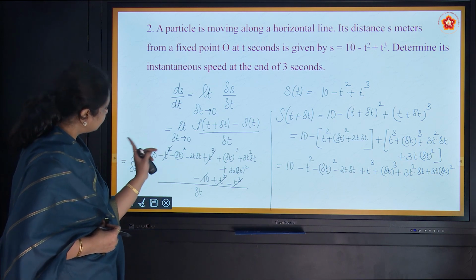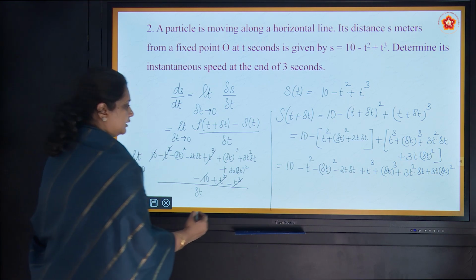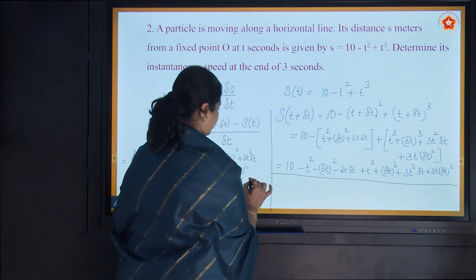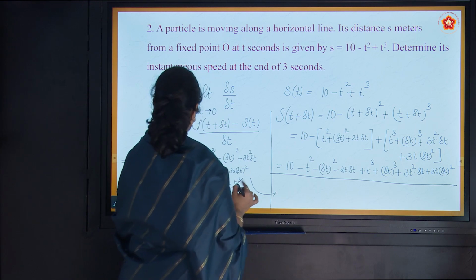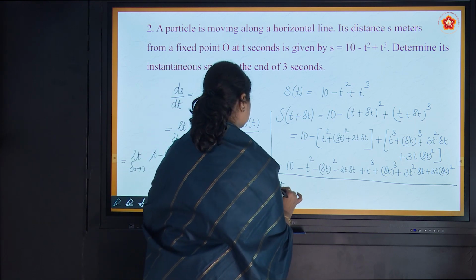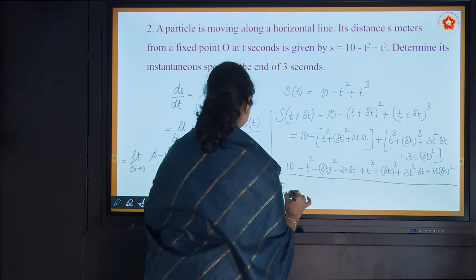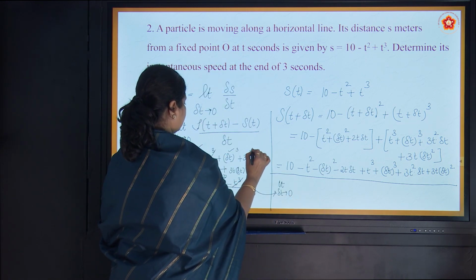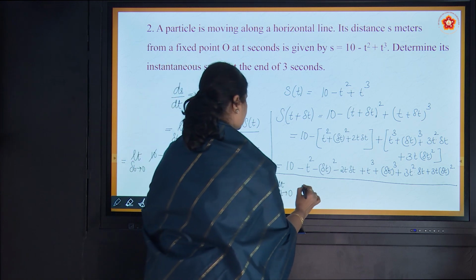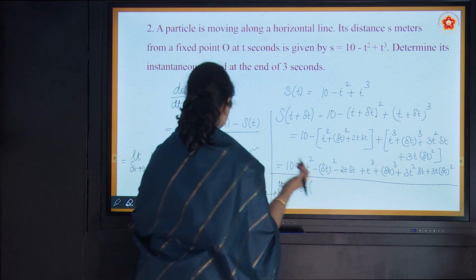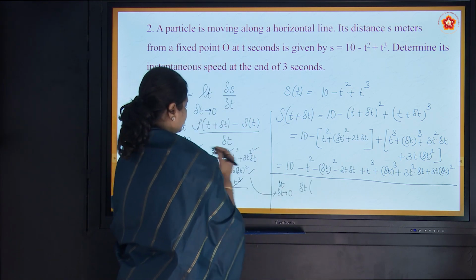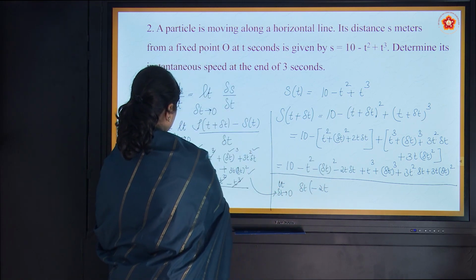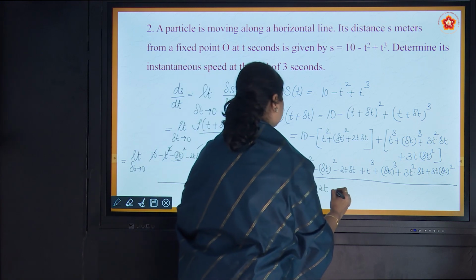Let me take delta t common outside. So limit delta t tending to 0. I have delta t everywhere, so let me take it outside as a common factor. So 1 delta t is out, so it's minus 2t. And here also 1 delta t is out, it's minus delta t.